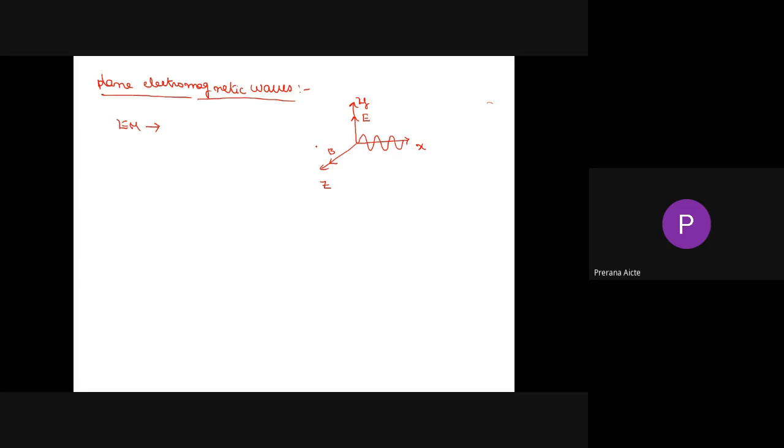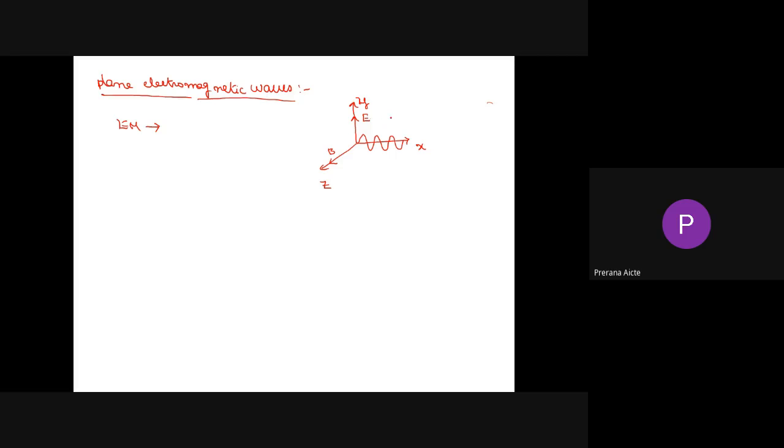Now we have to assume a point P, and the magnitudes of E and B, the fields, depend upon x and t values.